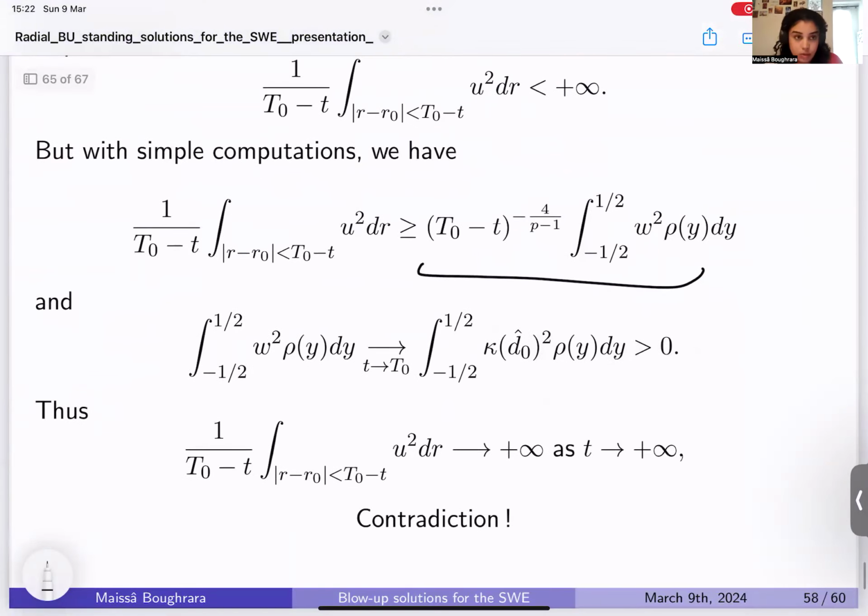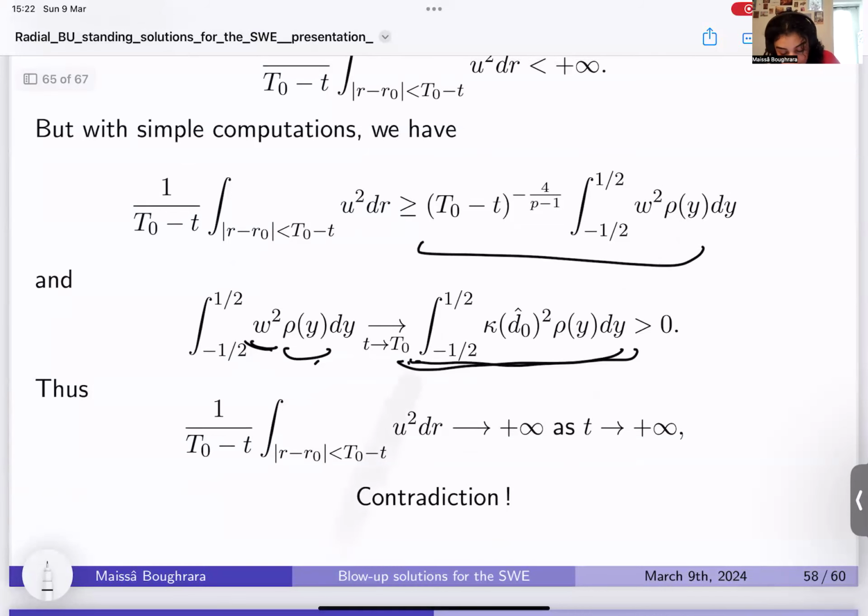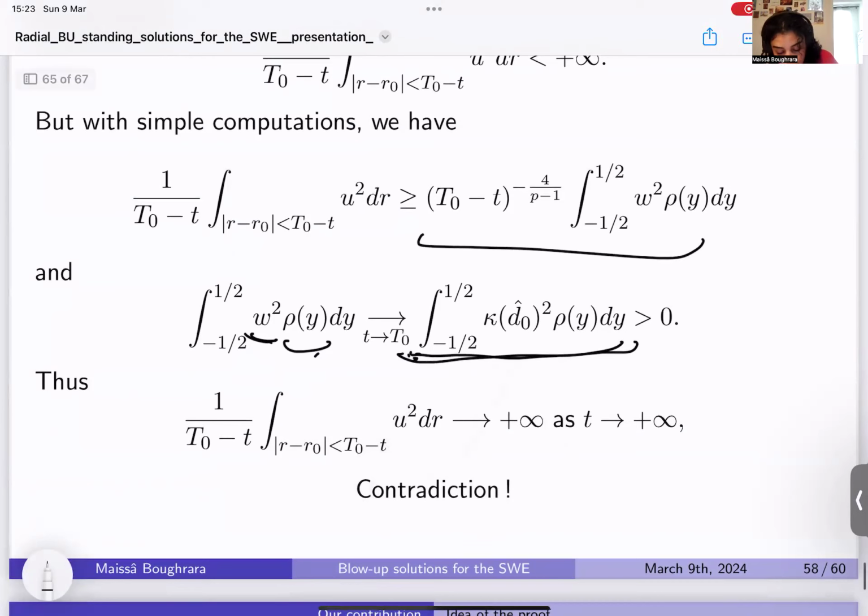And since we showed that this quantity converges to kappa d0, we will obtain the convergence of the L2 norm of kappa d0, with the weight, I forgot the weight. But we know that this thing is strictly positive for d0, if d0 hat is not equal to 0, but we already assumed that.